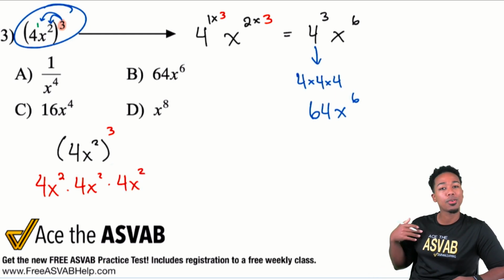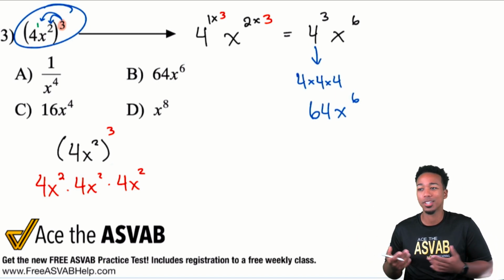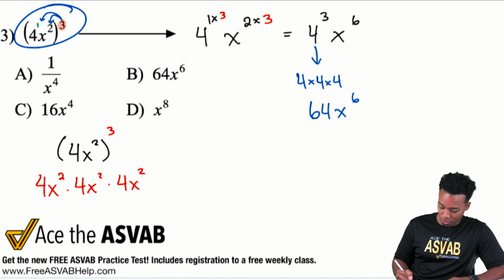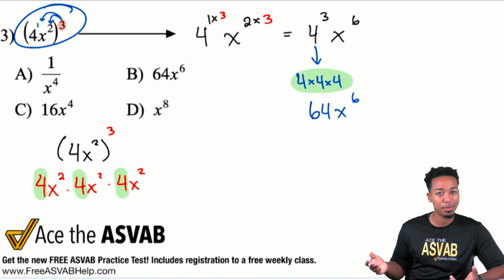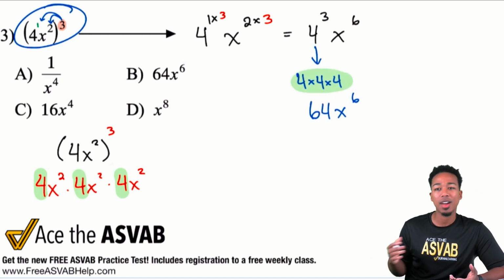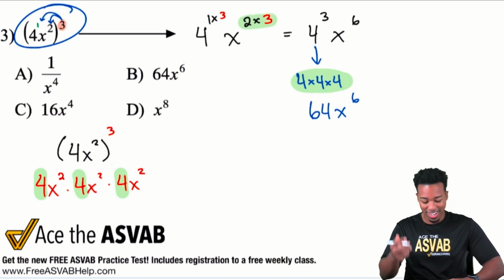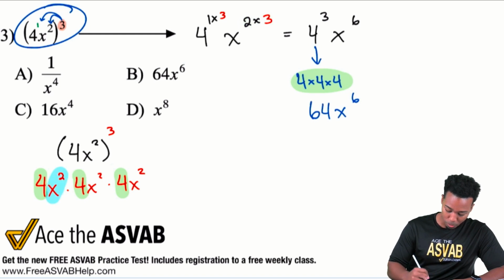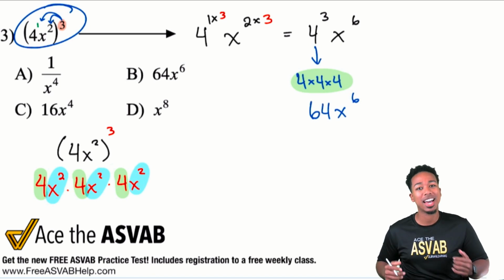Now, if we follow the rule that we learned previously when it came to multiplying powers, we're literally just going to add those exponents, right? If you look over here, first and foremost, 4 times 4 times 4, that's already happening there. Now, if you're asking why we did 2 times 3 up here, where did that come from? I got you. Remember that when we have the same bases or same variables being multiplied, we add those exponents.